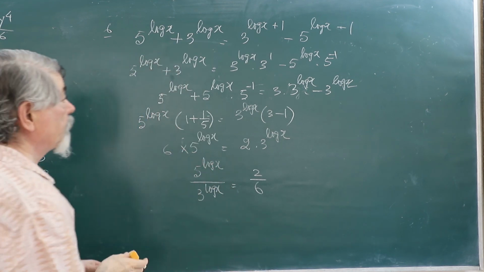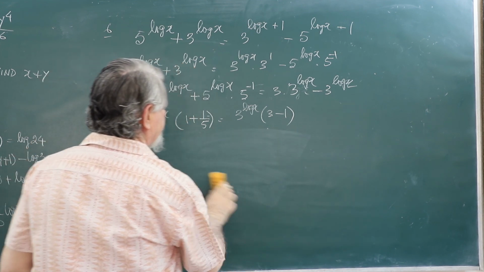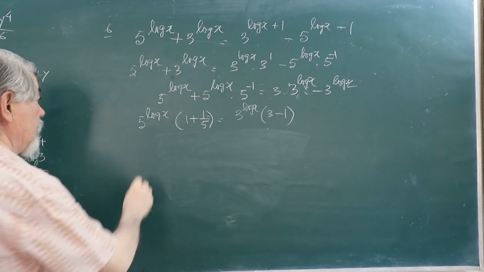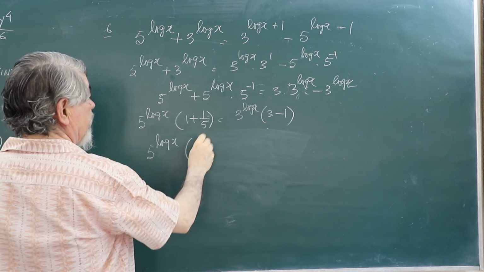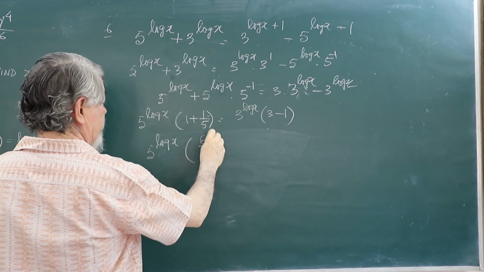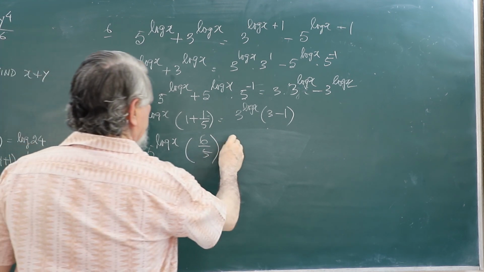It will become 1 upon 5, it is alright. Now here it will change. 5^(log x), and it will become 6 upon 5.